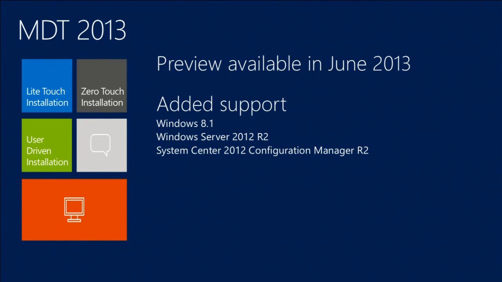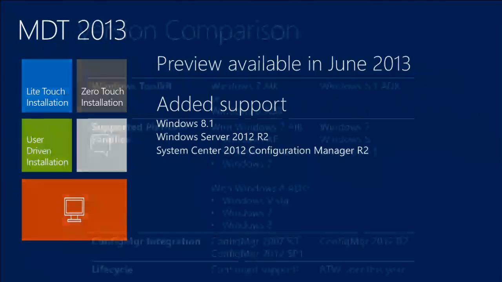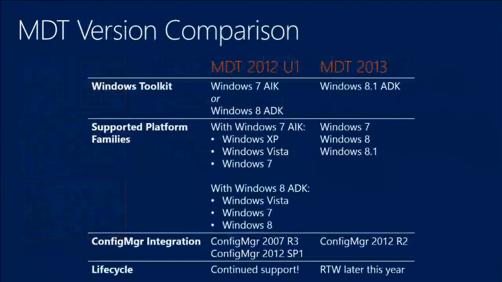So with MDT 2013, it's really just adding support for these new operating systems. With that also comes the support for the new ADK, the Windows 8.1 ADK, which means some other things then come along with that. So this is really just a comparison of the current version, 2012 Update 1, with the new version 2013.